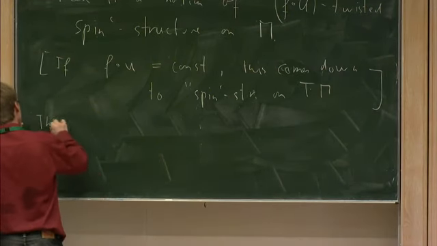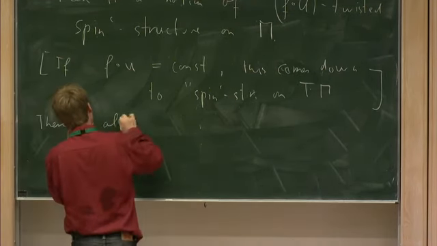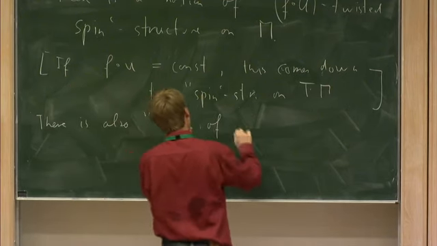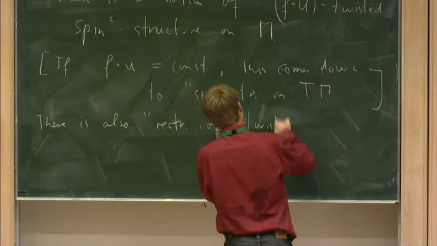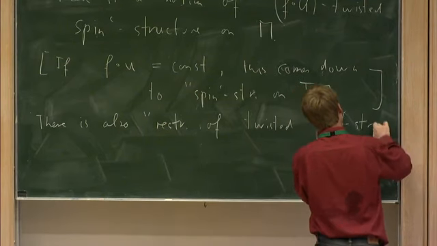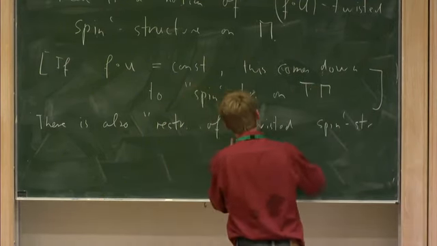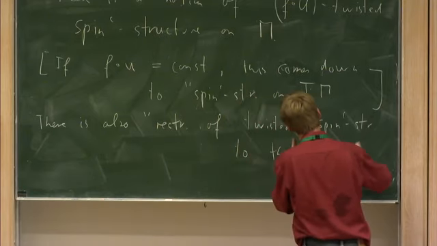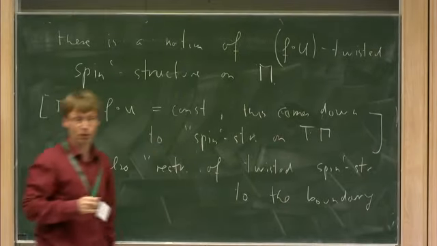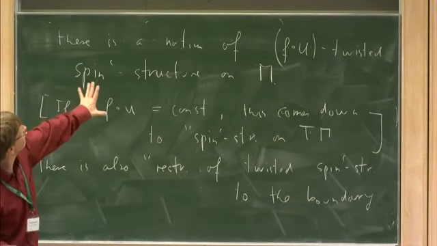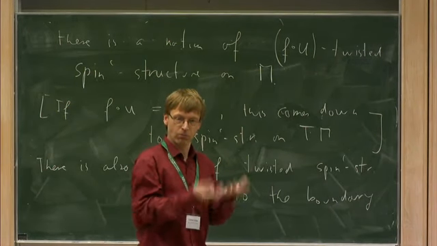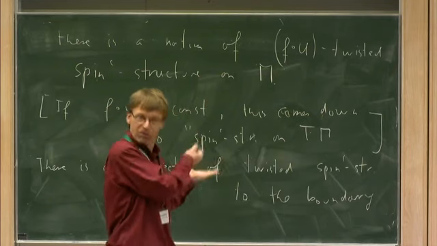And well, with this information, there is also restriction of twisted spin C structure to the boundary in case the manifold would be a manifold with boundary. And so we have all the ingredients. We need to just copy the definition of Bordism, but now for twisted Bordism.